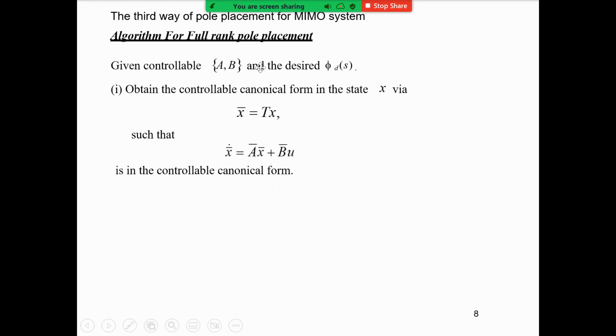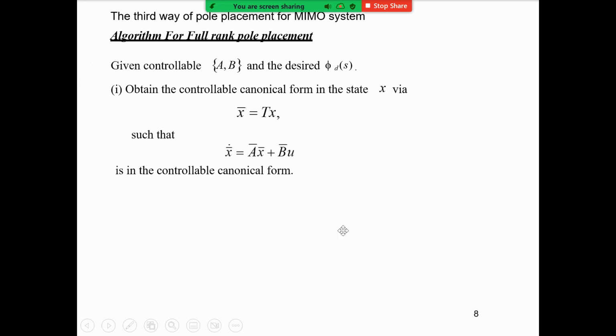Okay. Then there is a third way for the pole placement, which tries to exploit the freedom of all the control inputs. You're given a controllable pair A, B and also the desired characteristic polynomial you want to match. For this one, we need to use the controllable canonical form for the multiple input case.